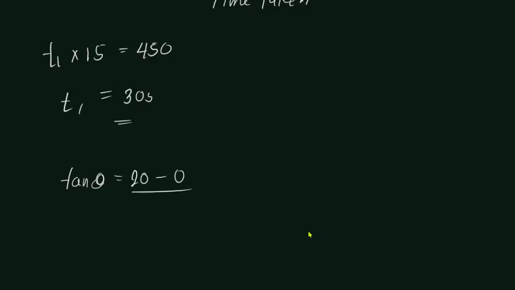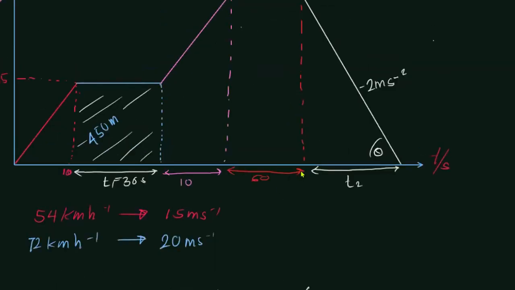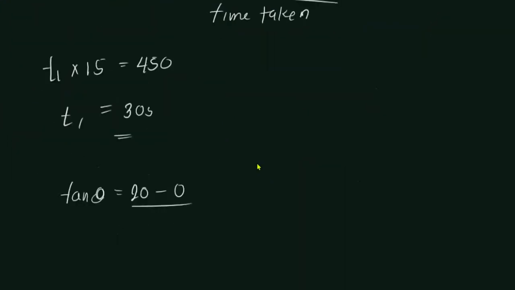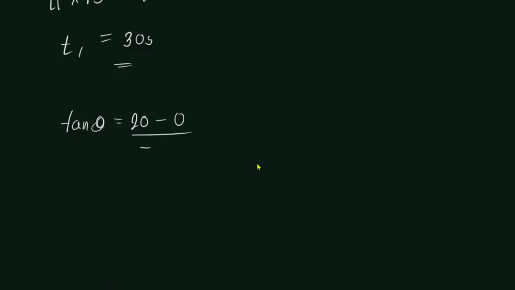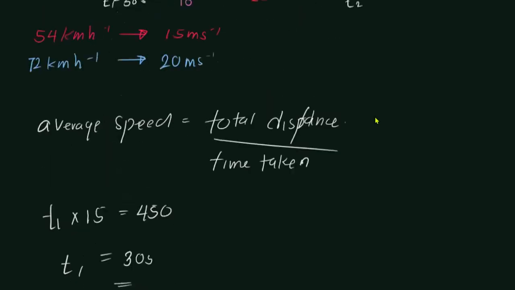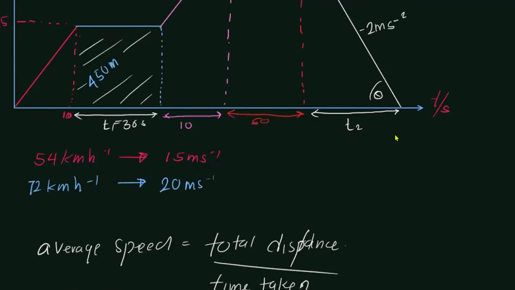Adjacent is T2, but it's not positive T2, it's negative T2. Tan theta means acceleration, but it is a deceleration, minus 2. So minus 2 equals 20 over negative T2. Negative cancels out, so T2 is going to be 10 seconds, right?